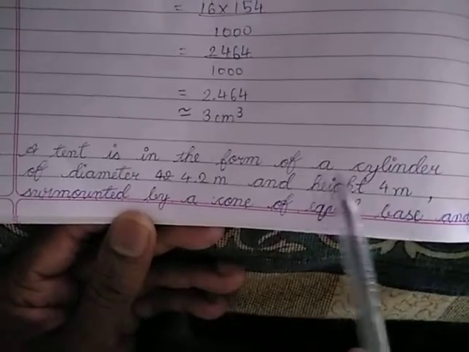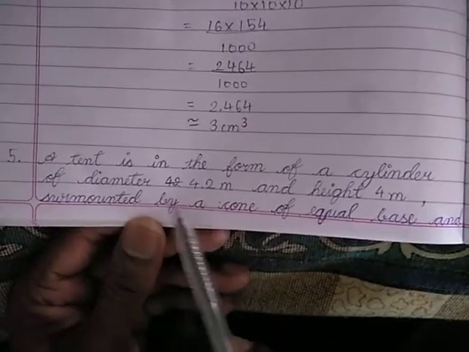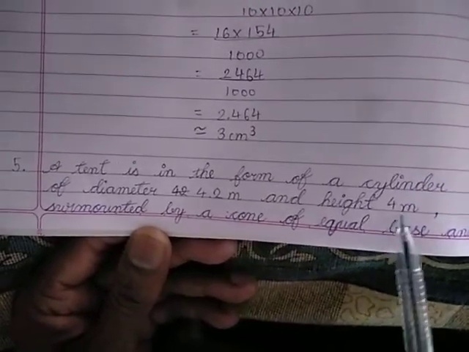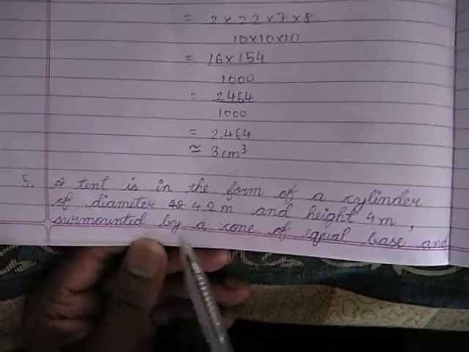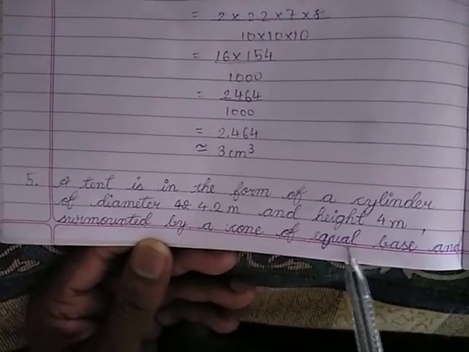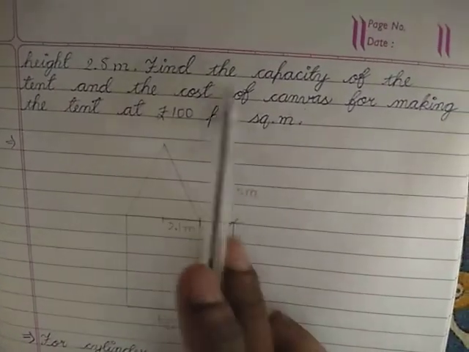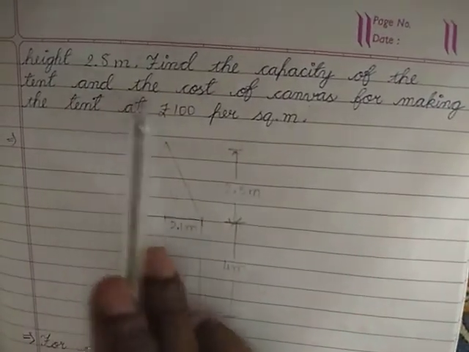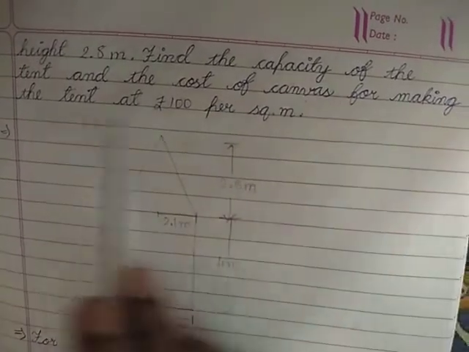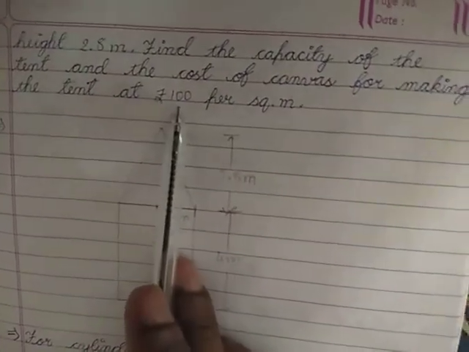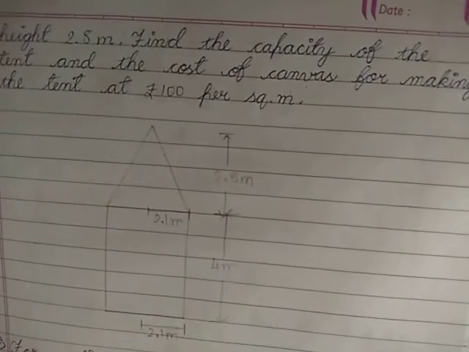A tent is in the form of a cylinder of diameter 4.2 meter and height 4 meter, surmounted by a cone of equal base and height 2.8 meter. Find the capacity of the tent and the cost of canvas for making the tent at rupees 100 per square meter.